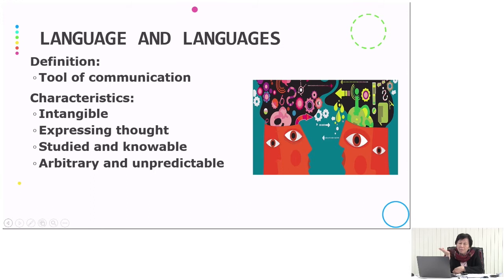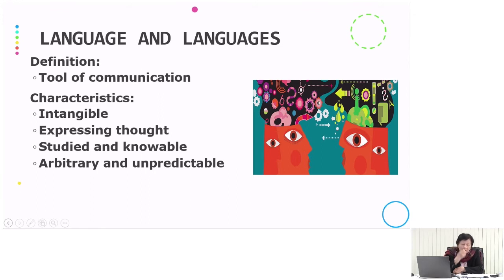You go to some place, sometimes people use a language that you don't understand at all. Sometimes you go to a place, people use the language and you don't understand the most. You understand a little bit. So it means that language is arbitrary and unpredictable.